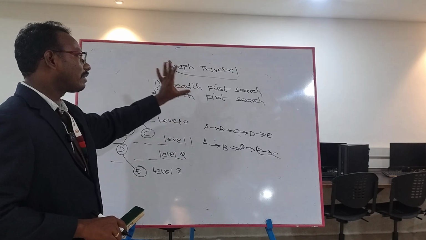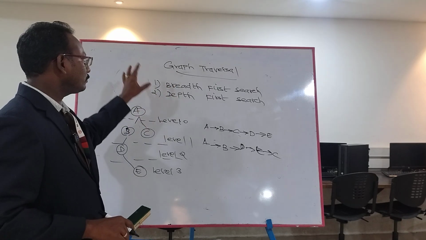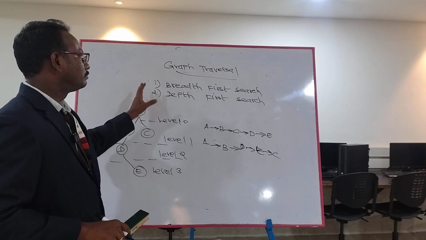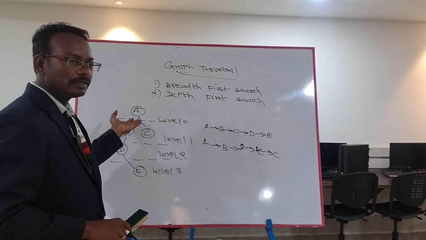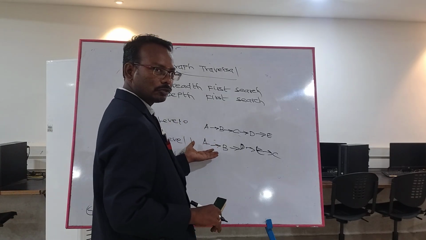Okay, this is graph traversal. Breadth first search uses the structure of a tree, and depth first search uses the structure of a graph. Based on that, the order of visiting the data is represented.